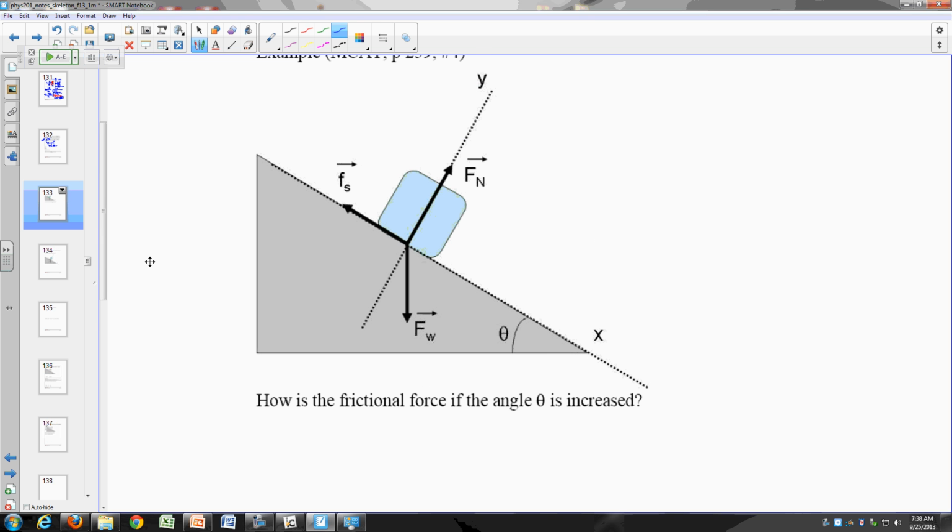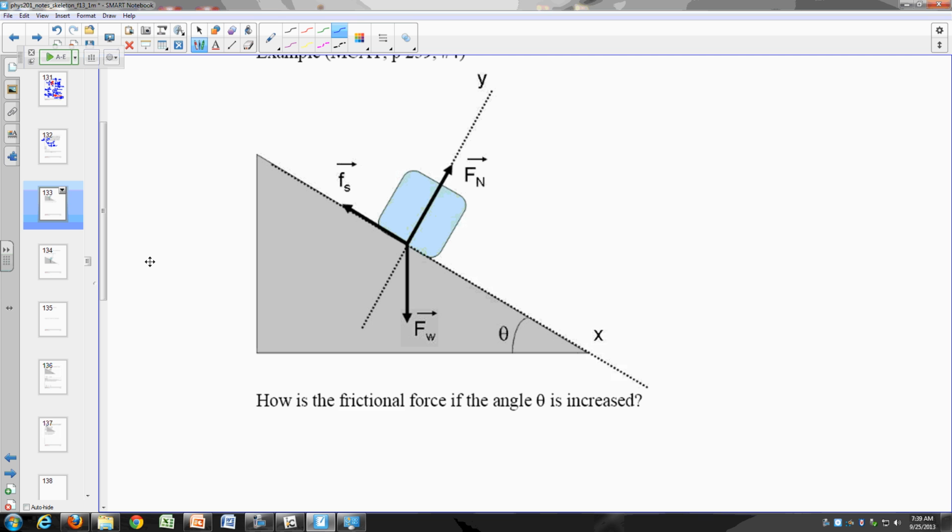What happens to the frictional force here if I increase the angle of this? If I make this block go up, what happens to the frictional force? First of all, what is the frictional force dependent upon? Two things, right? The normal force and the coefficient of friction. So what happens to the normal force of this block as it lifts up? Does it increase, decrease, or stay the same?